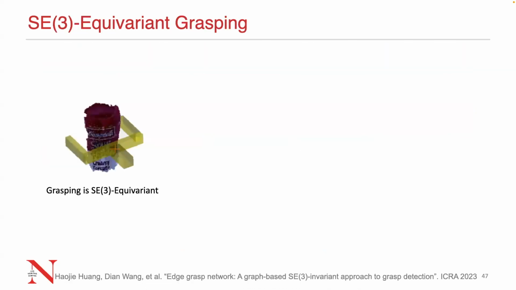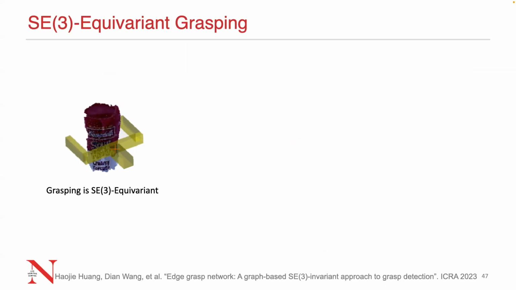Haojie also led another project to apply SE3 equivariance in grasping. If you think about grasping, here the yellow thing is the gripper, and then we have an object which might be a bottle. What we were considering before were mostly in-plane orientations or in-plane translations, like SE2 transformations.